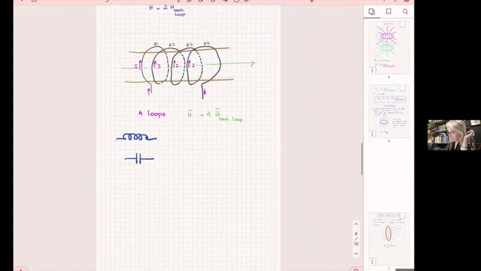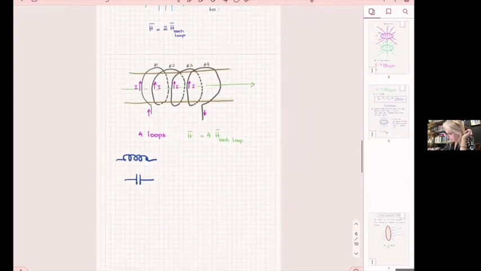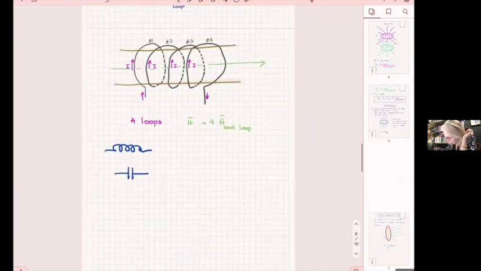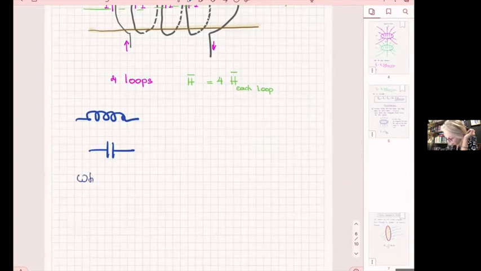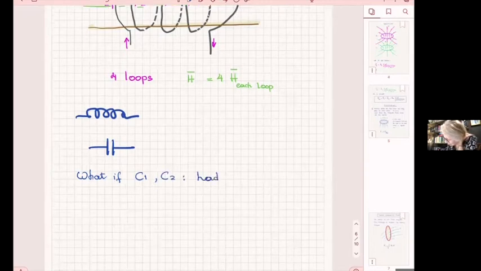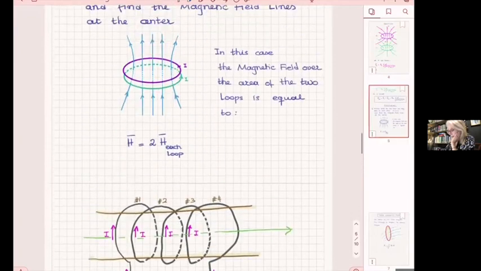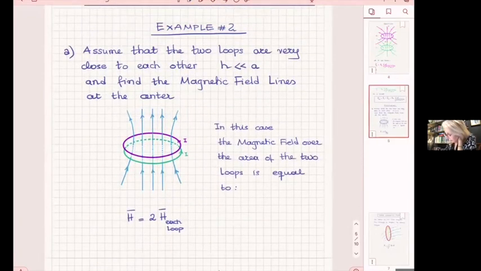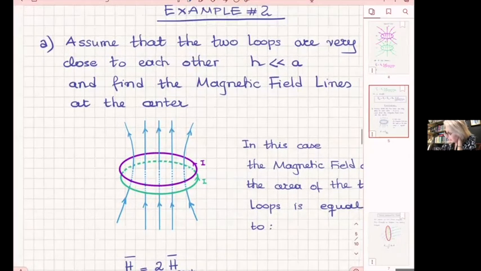Let's say, what if the coils C1, C2, the two loops rather at this point, had opposite currents, I. So instead of flowing like this, they would flow, how?